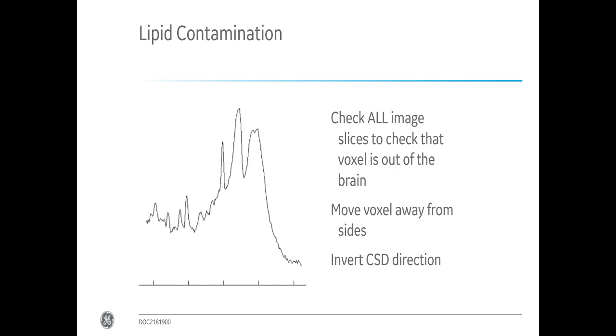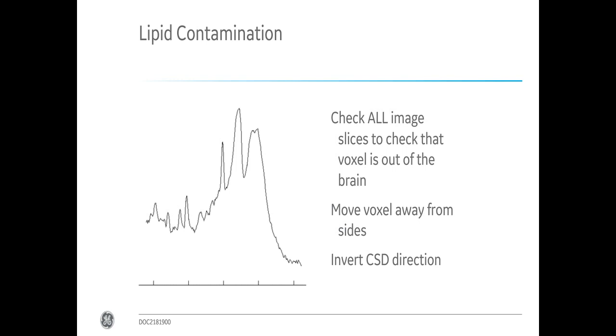Even though you see the metabolites, you can't really use this spectrum either for pattern recognition, seeing the ratios, or quantification. So please avoid being too close to the skull.